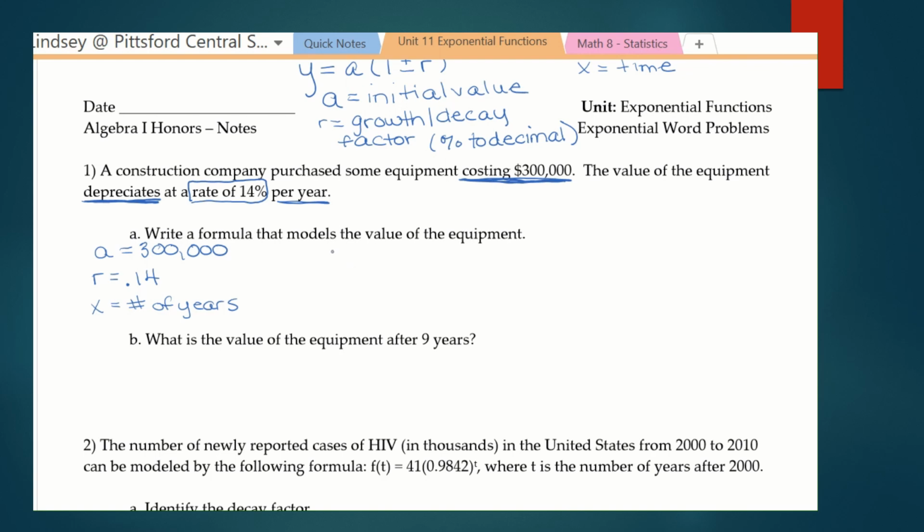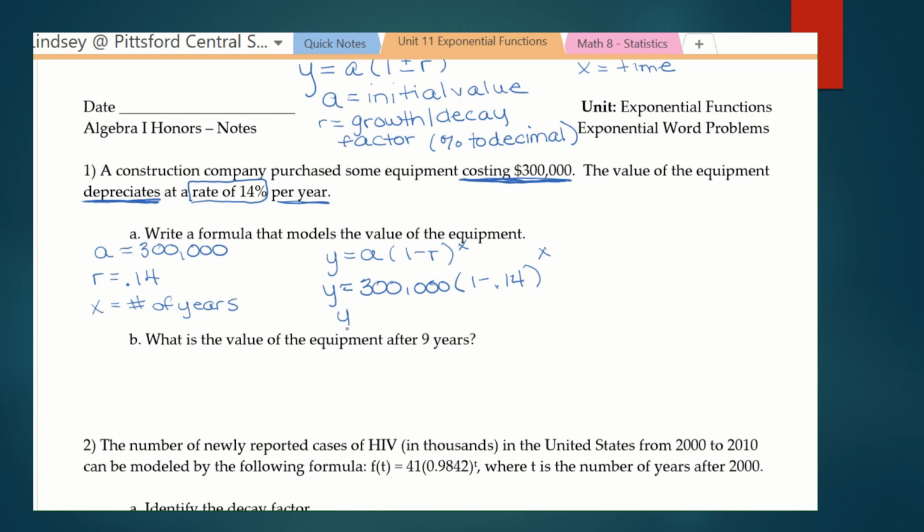Okay, so our equation, y equals, and this is going to be a decay factor, so just writing this out, 1 minus r is going to represent our b value here since it's a decay. So now filling in all those pieces, I get 300,000 times 1 minus 0.14 raised to the power of x.